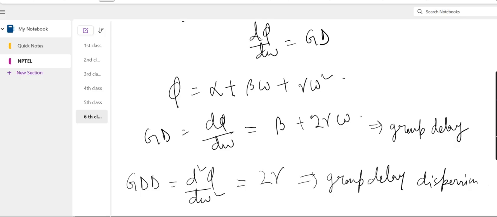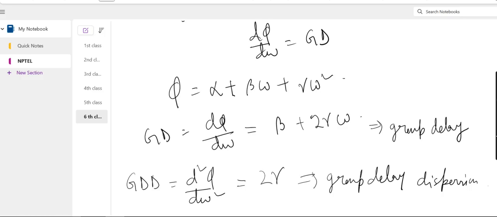You cannot take a derivative of gamma with respect to omega, because you don't know if gamma is a function of omega or not. And when you do not know, and it was not written in the question, gamma is constant.